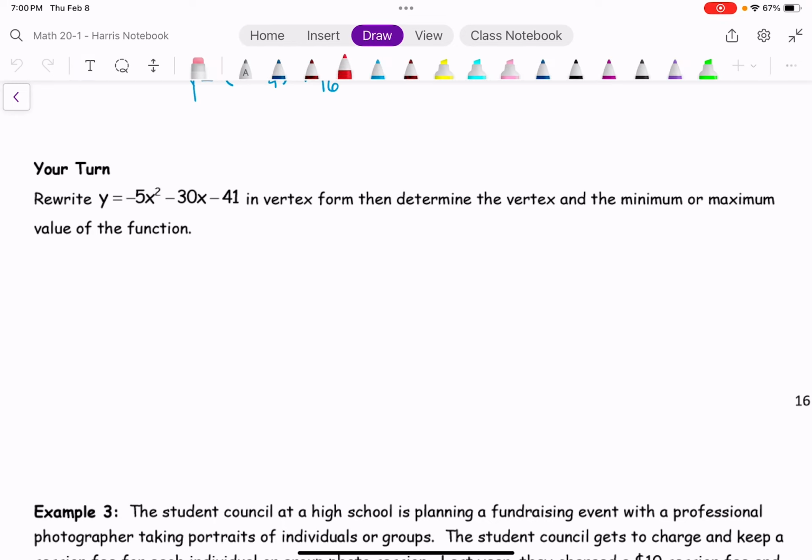Okay, so your answer should have been y is equal to negative 5 times x plus 3, all squared, plus 4. Once you change that up, I know that it's going to be a maximum point because it's a negative 5, so that means that I have a negative a value.